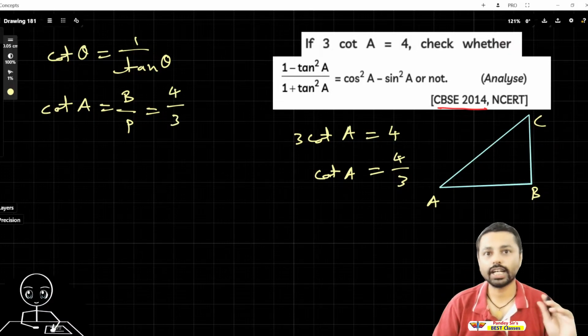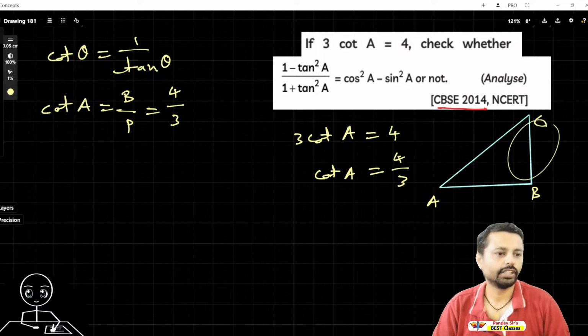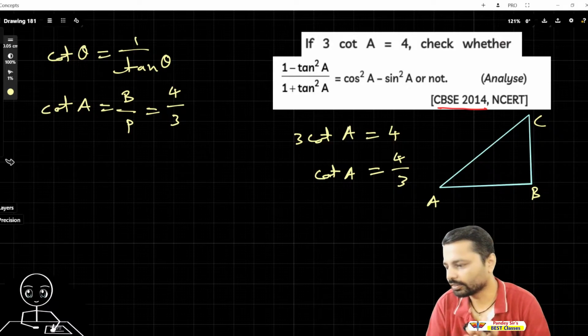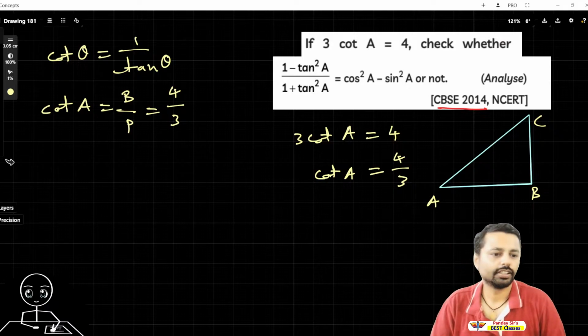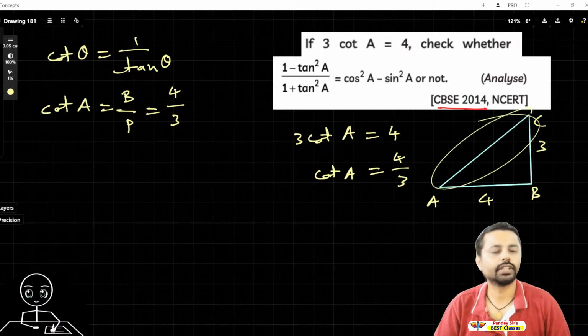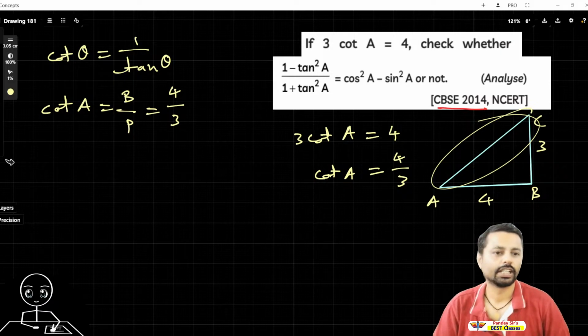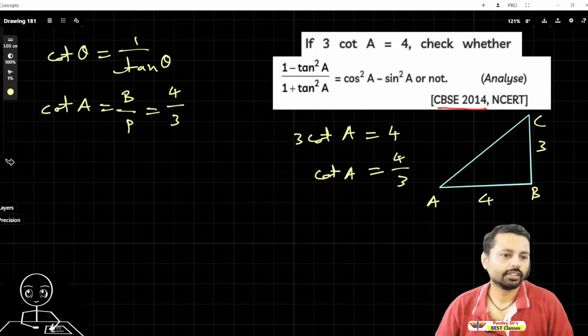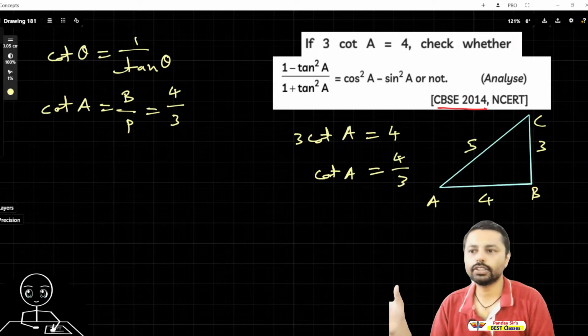Which will be 4 and which will be 3? Let's see what you guess. Let's say this is 4, because this is the base, and this is 3. What will this one be? Yes, obviously it will be 5, from the trigonometry triads. Now how do you know it is 5?